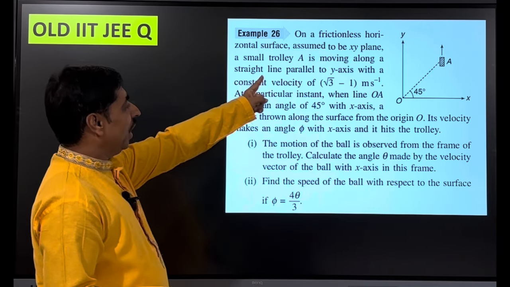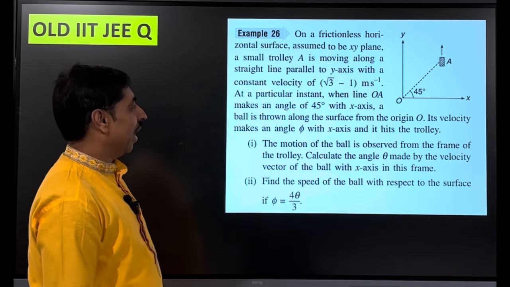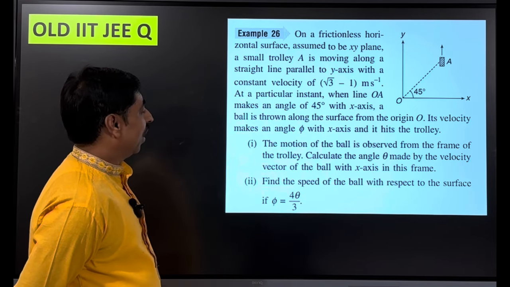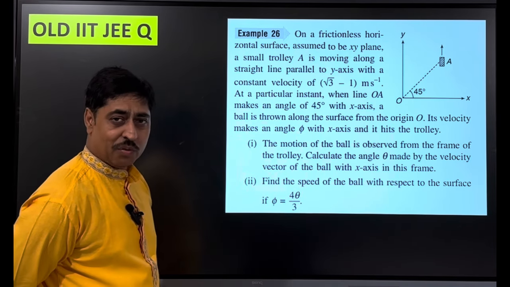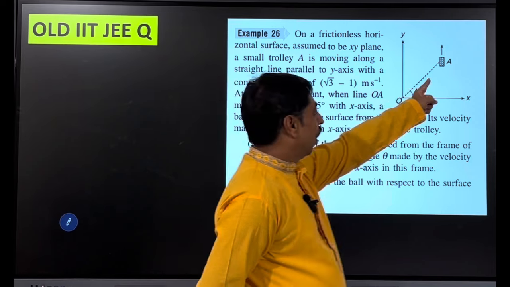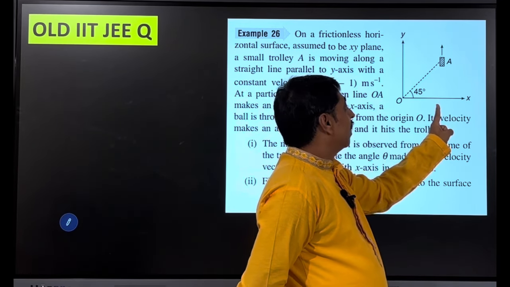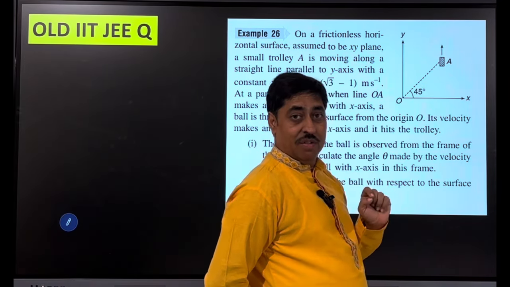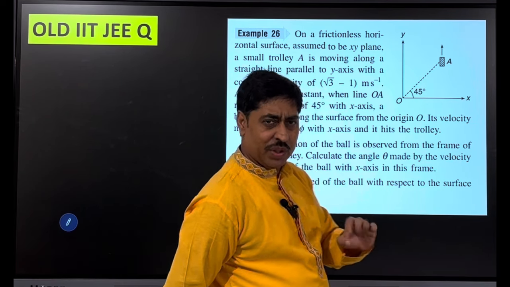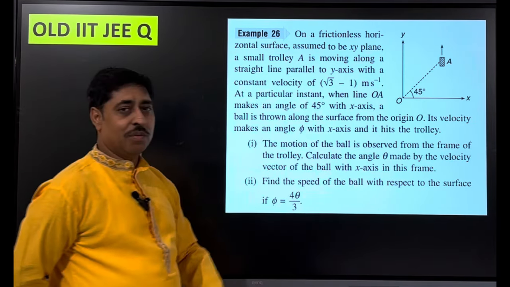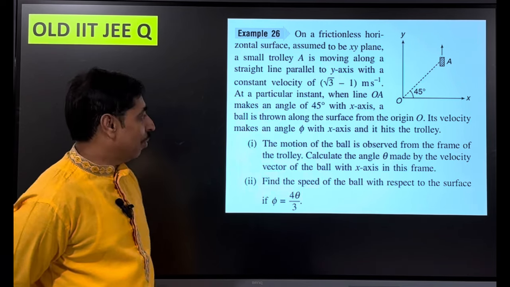A small trolley A is moving along a straight line parallel to the y-axis with a constant velocity of root 3 minus 1 meter per second. There is a small object, a trolley, that is traveling parallel to the y-axis in the xy plane without friction with a constant velocity of root 3 minus 1 meter per second.